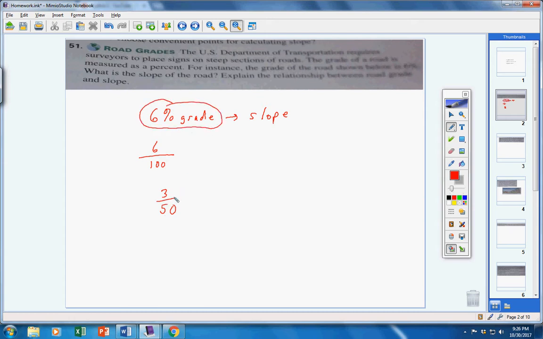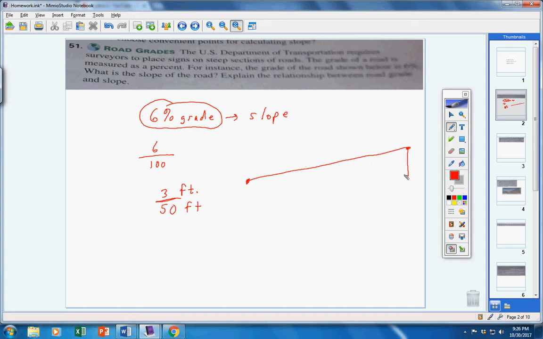That means, let's pretend we're dealing with miles, okay? Let's pretend we're dealing with feet. For every 3 feet you drop in the road, you will travel horizontally 50 feet, okay? So in other words, here's the road, okay? If from here, there's the road going downward, okay?